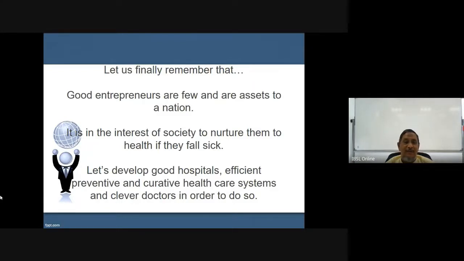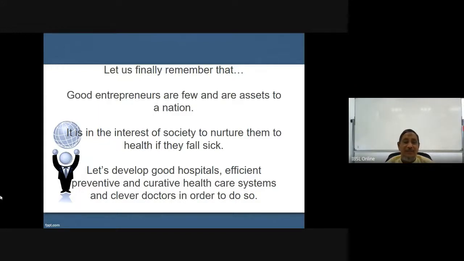Entrepreneurs take the risk, convert the risk into business, and earn profit by turning the risk into business. Those are entrepreneurs, and they are very few. So they are assets to the nation, to the country.